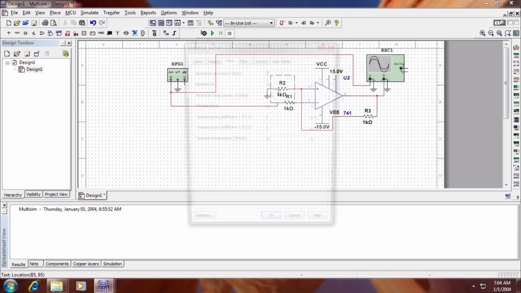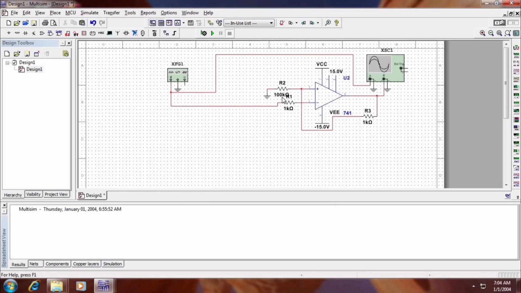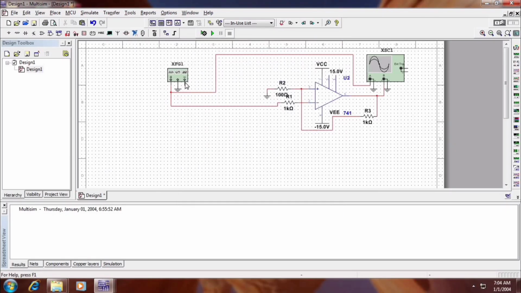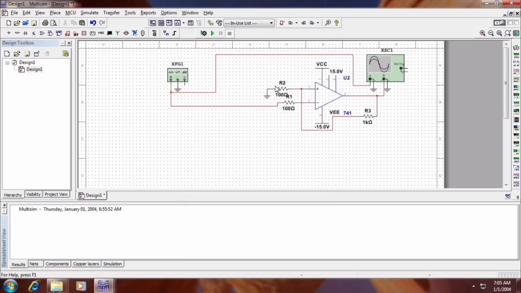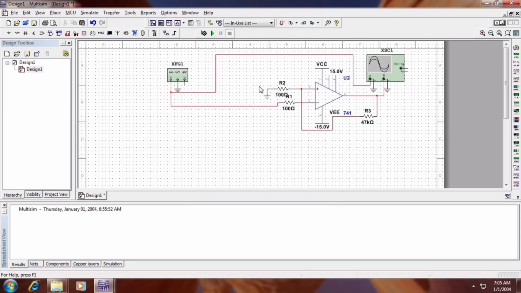The input of the function generator is given to the DSO at the A terminal.